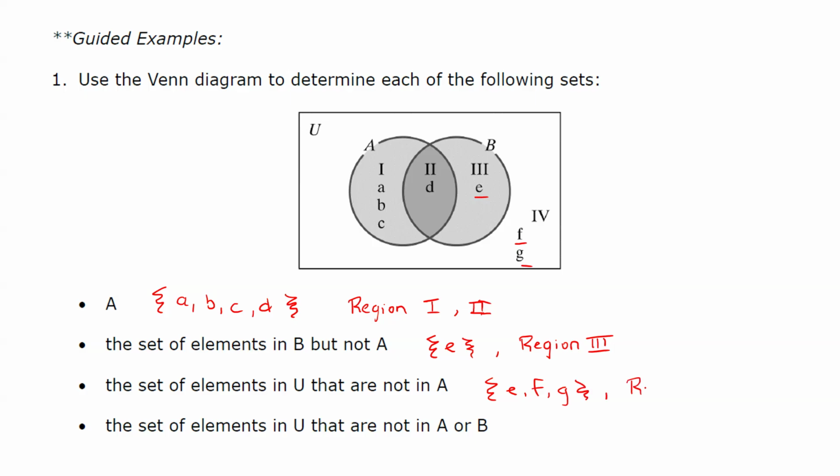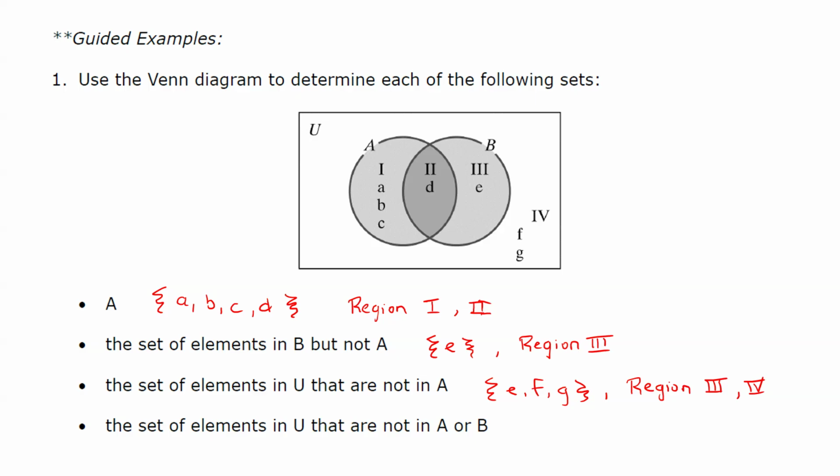And so that would be region number 3 and number 4. Okay. Now we want the set of elements in U that are not in A or B. So A and B are the subsets within our universal set.